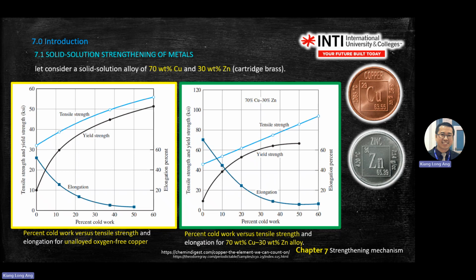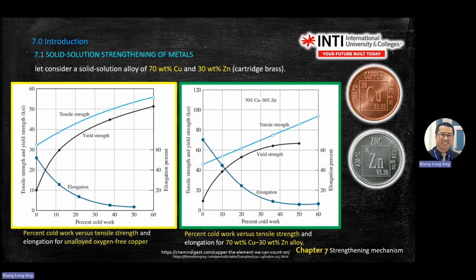Elongation is also the same. For pure metal, or pure copper in this case, it's about 25%. The yield strength is about 28 something KSI. But you see here the strength increases up to about 20 something, here up to 70, when you add impurity, 30% zinc.